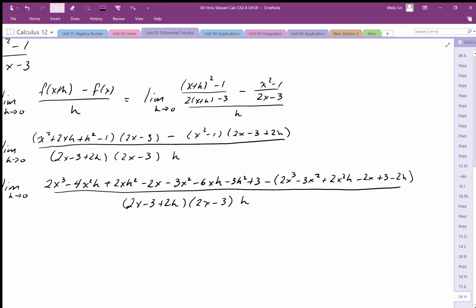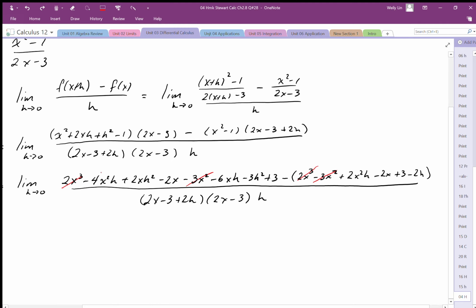So I'm just going to look for common terms to cancel out. So I see I have 2x cubes that cancel out. Looks like I have plus 3x squared here, minus 3x squared here. Then the 2x squared h, so that becomes a minus 2x squared h. Oops, that's not x squared h, so I'm just going to double check that. X squared h's, so I have 4x squared h's.